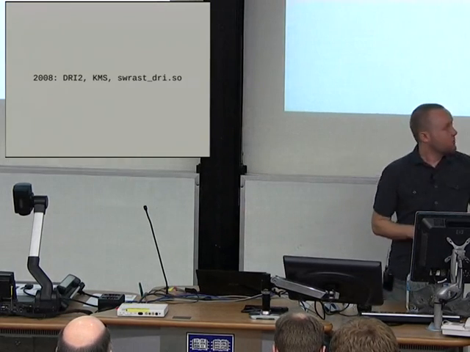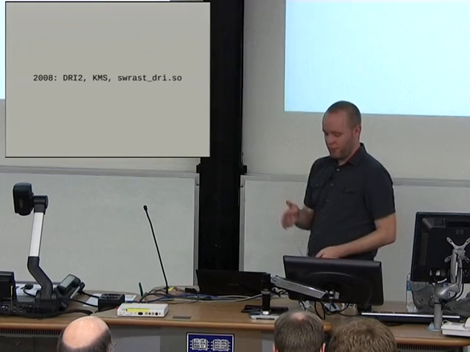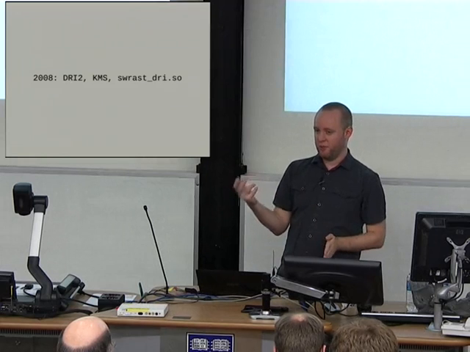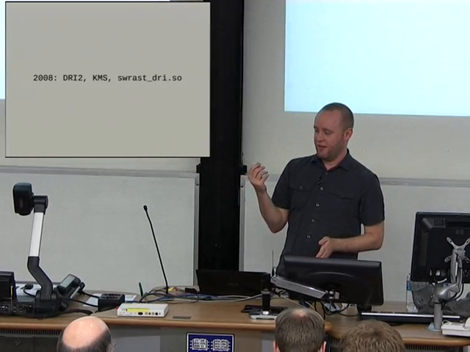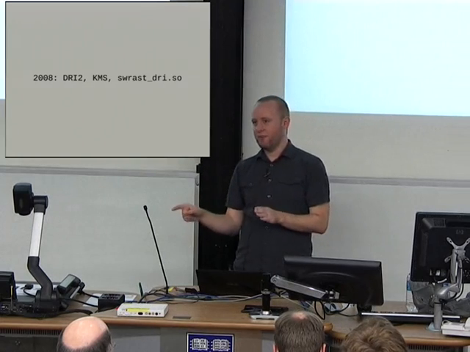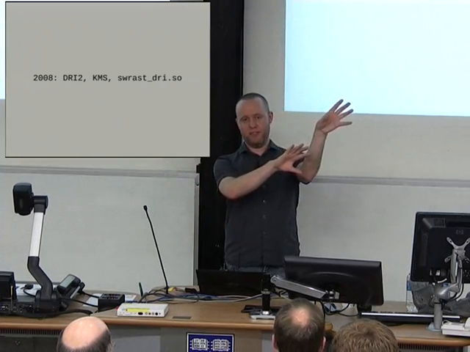That last bit, swrast_dri.so. Up until this point, we did the modular X build, but you were still building the software GL core. And the way you had to do that was, at configure time, you pointed the server build to a copy of the Mesa source. It did a symlink farm to get all the bits into the X server tree, and then dropped out a build of the software renderer that way.